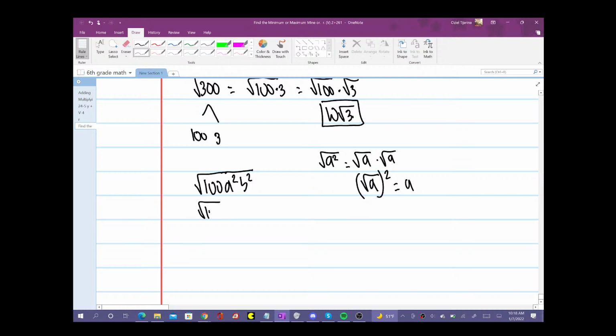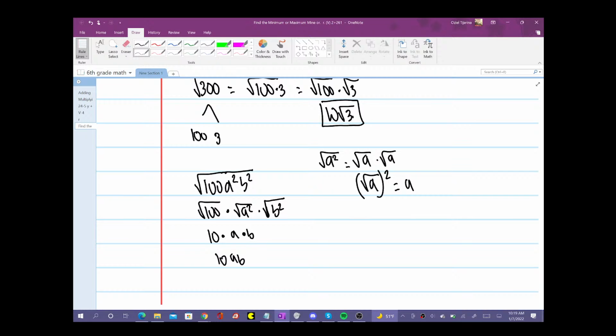So this is the square root of 100 times the square root of a squared times the square root of b squared, which is 10 times a times b. So this should be 10 AB.